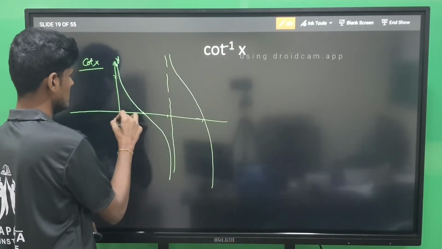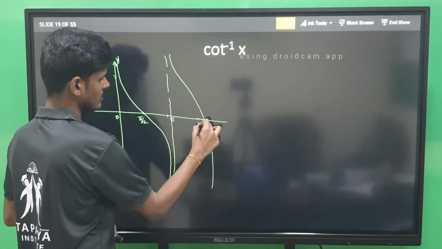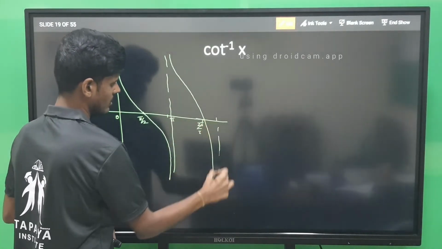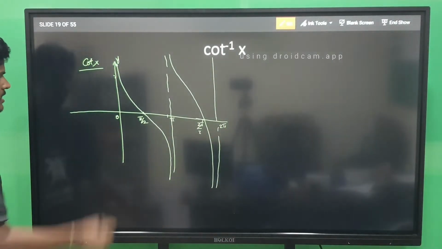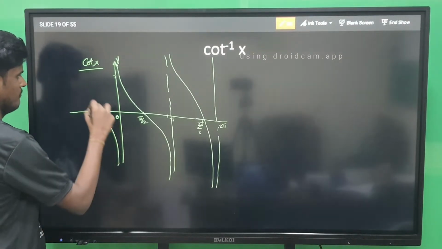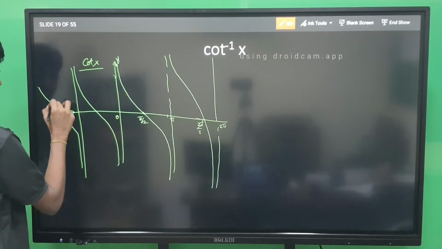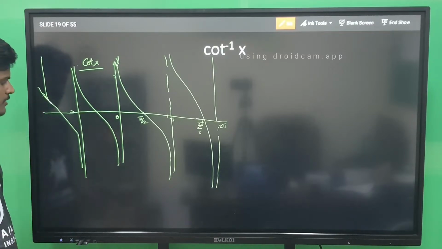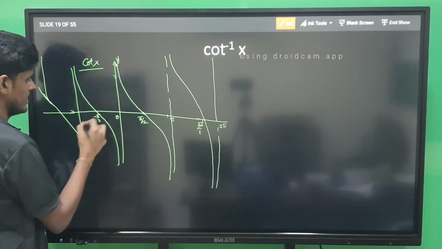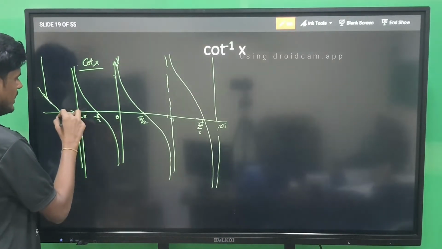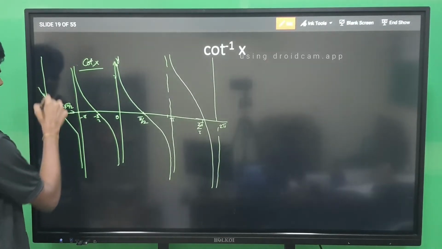So this is 0, 90, 180, 270, 360. The graph will go on like this. Similarly on the other side, the graph will extend like this. 0, this is minus 90, minus 180, minus 270, minus 360.